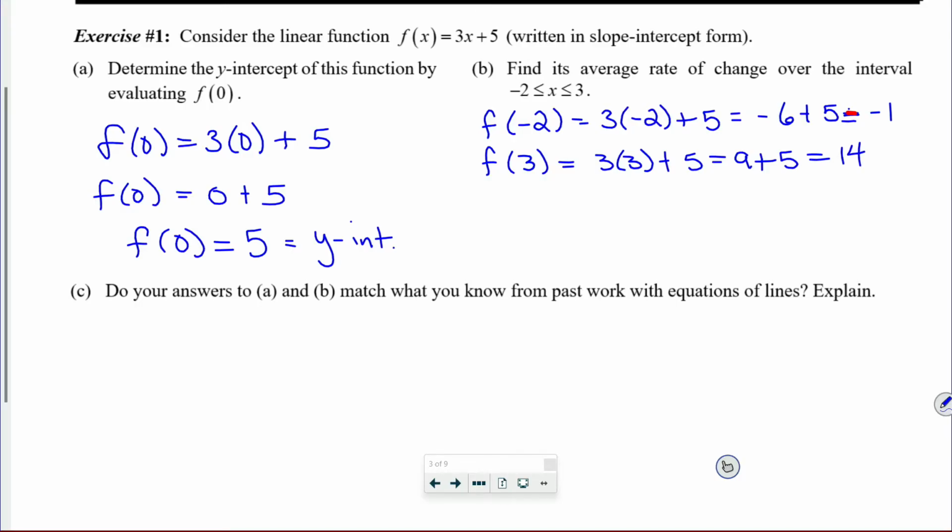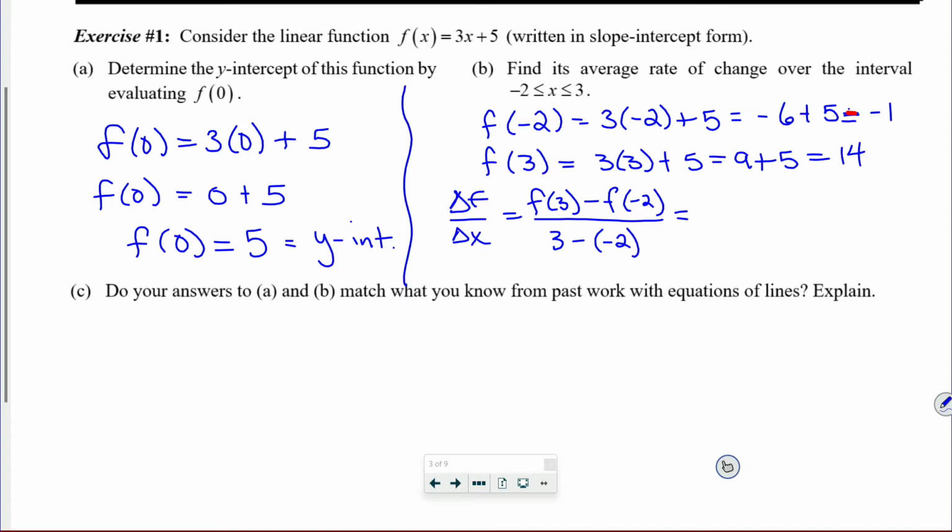So now my average rate of change, delta f divided by delta x, is f of 3 minus f of -2, all divided by 3 minus -2. That's going to be 14 minus -1, all divided by, let's change that to 3 plus 2. That's going to be 15 divided by 5. And my average rate of change is 3.